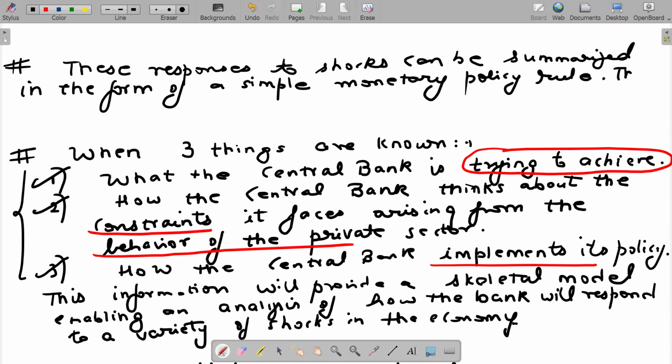This rule sits at the heart of a three equation model, which we are going to analyze in the coming lectures.